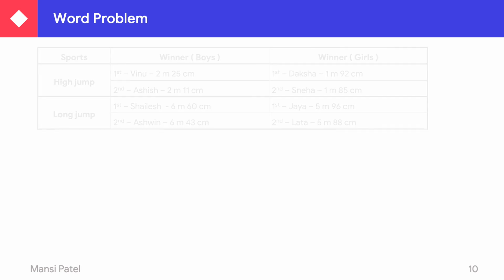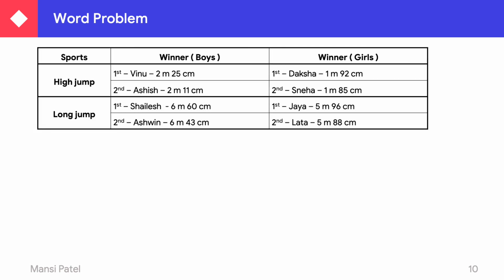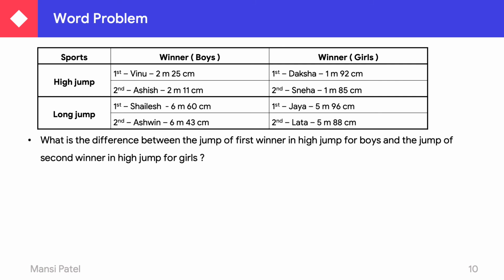Let us see one more question regarding this table. What is the difference between the jump of the first winner in the high jump for boys and the jump of the second winner in the high jump for girls?